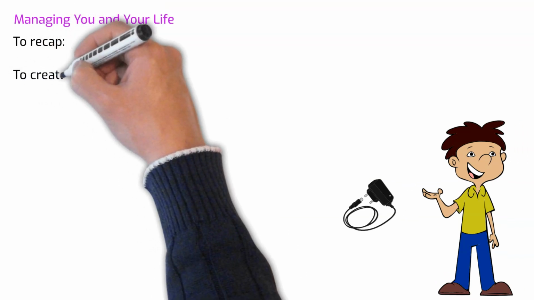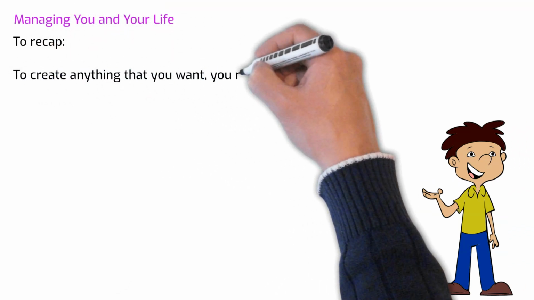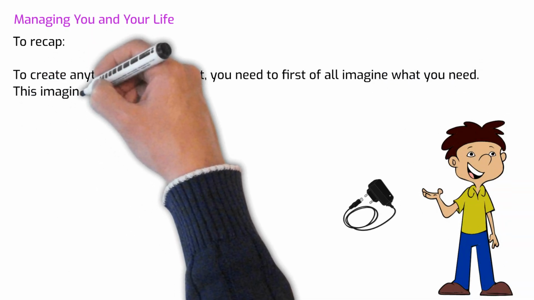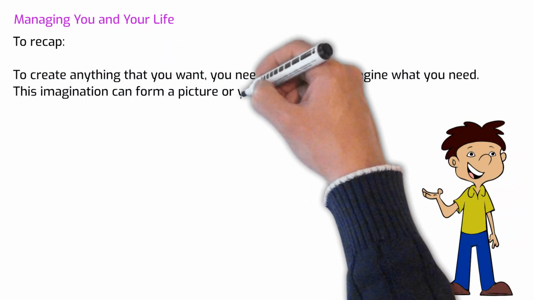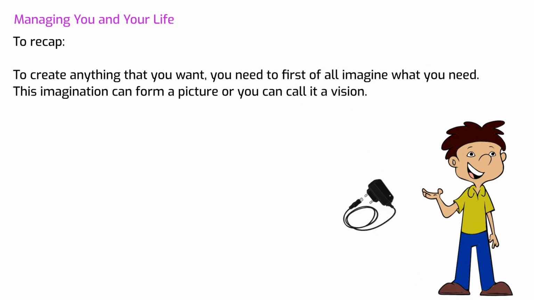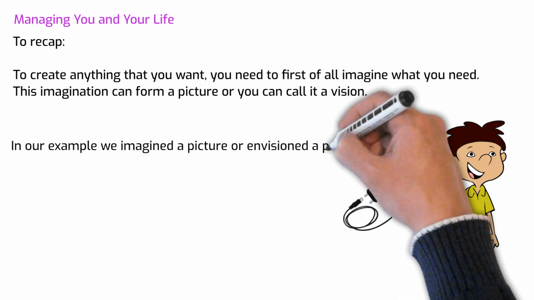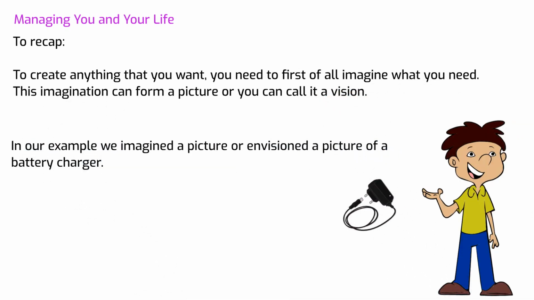To recap, to create anything that you want, you need to first of all imagine what you need. This imagination can form a picture, or you can call it a vision. In our example, we imagined a picture or envisioned a picture of a battery charger.